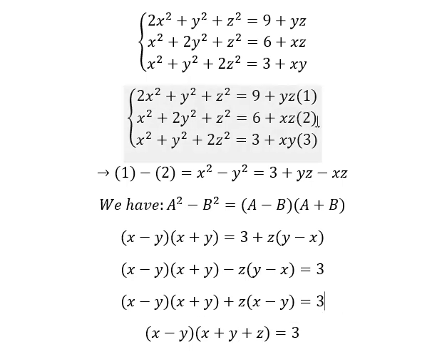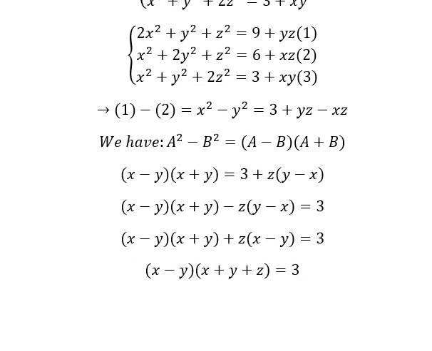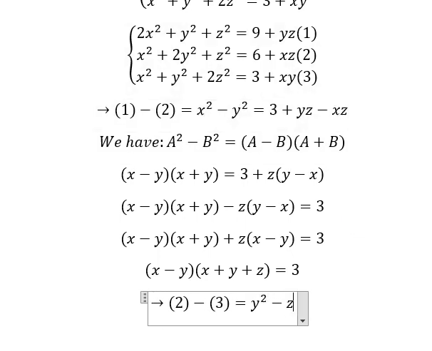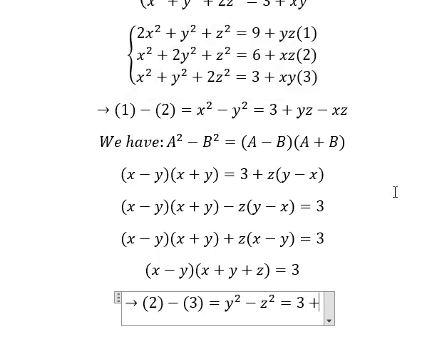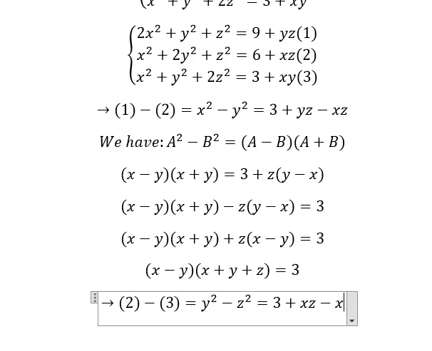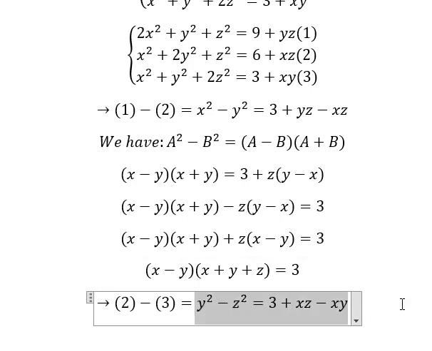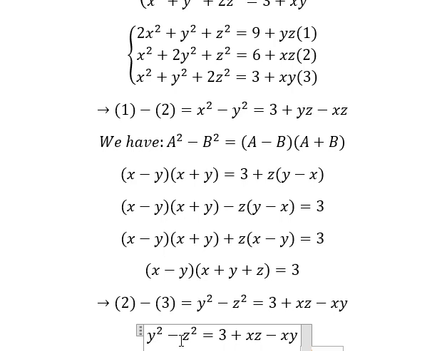Now let's go to number 2 minus number 3. So this one cancels. This one we have y squared. This one we have negative z squared. 6 minus number 3, we have number 3, sz minus sy. Now, we do the same technique. This one, we have y minus z, y plus z.